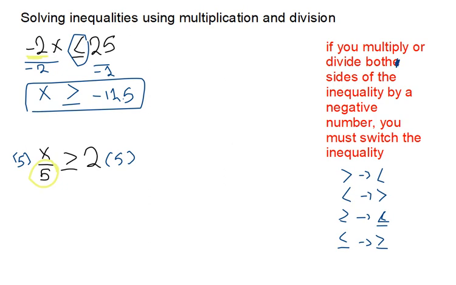Okay, so the 5 and the 5 cancel out here, and you end up with x is greater than or equal to. Since in this case we don't have a negative, the inequality sign would remain the same. So 2 multiplied by 5 is going to be 10 on this side here. So x is greater than or equal to 10.